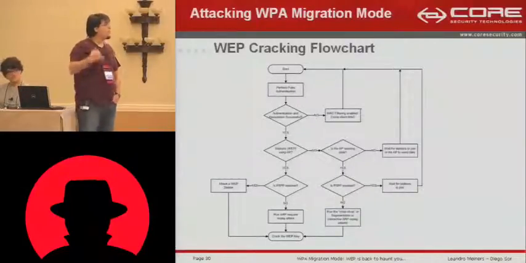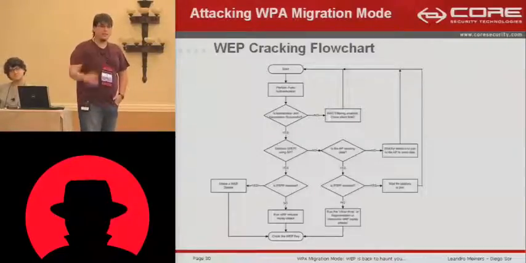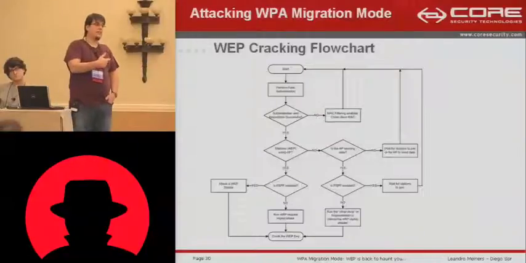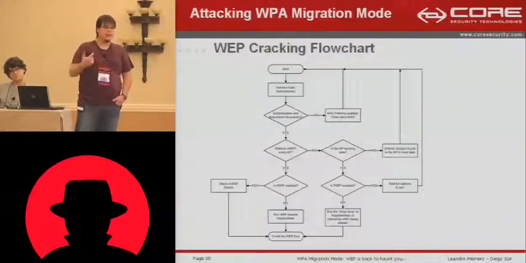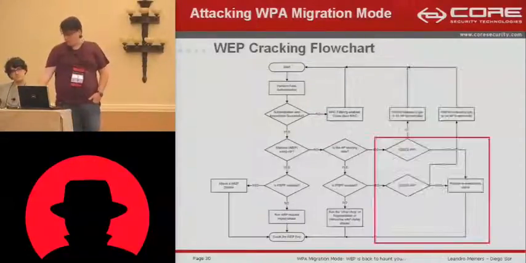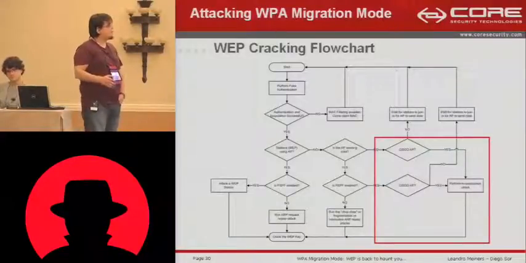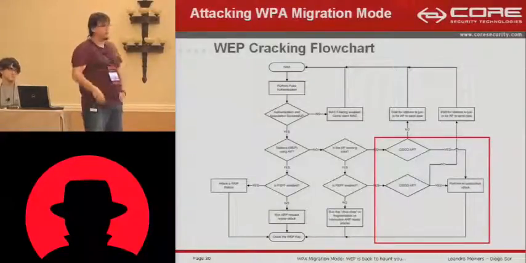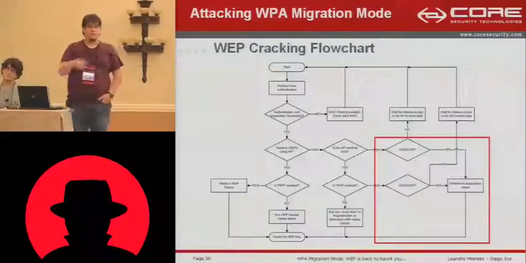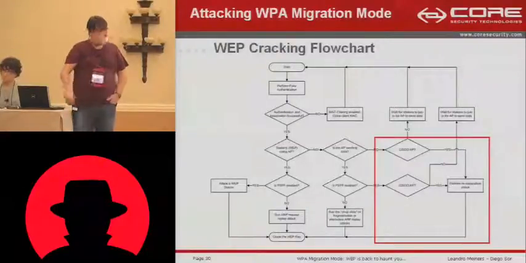So basically, as a recap, this is the standard WEP cracking flowchart to attack a WEP AP. The interesting thing is that this new attack mode can also be used against a Cisco AP if it's just running WEP. So basically, we add that new branch of a new attack mode.